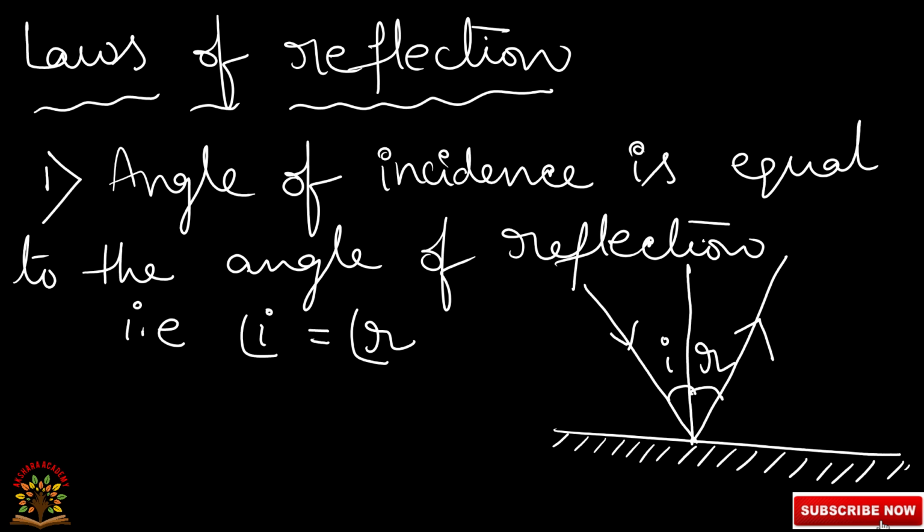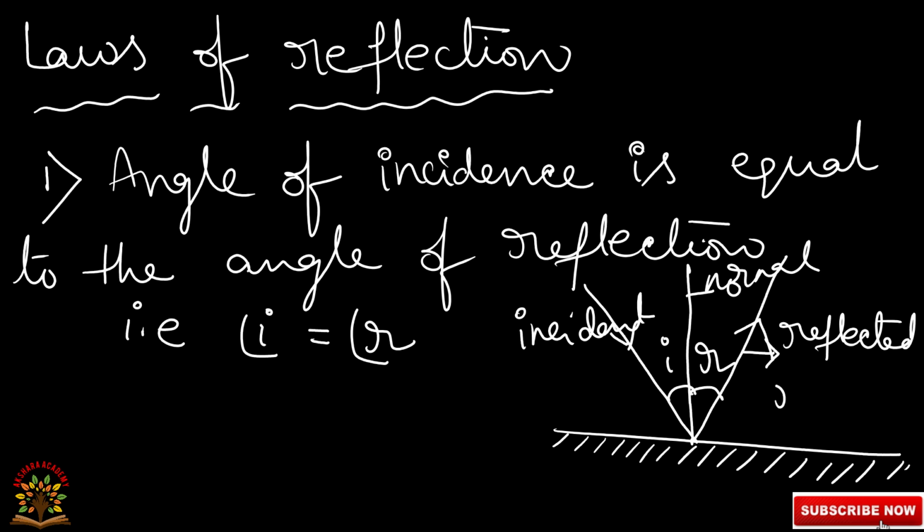So as per the first law of reflection, angle of incidence is equal to angle of reflection. Angle I is equal to angle R.